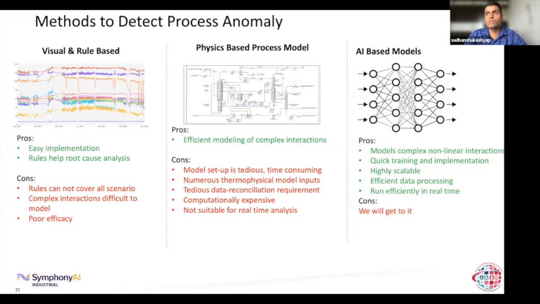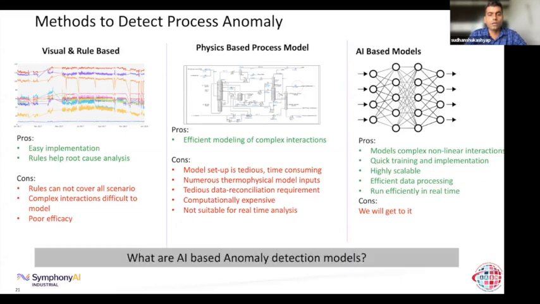So you build for one system and you could very quickly take it, train for another similar system, and deploy it. So you could scale it from one plant to another plant, and of course we have data processing, and you could run it in real time. But there are some disadvantages as well, and we'll examine them on the next slide, and also look into how we could go past them to build a better process anomaly detection system.